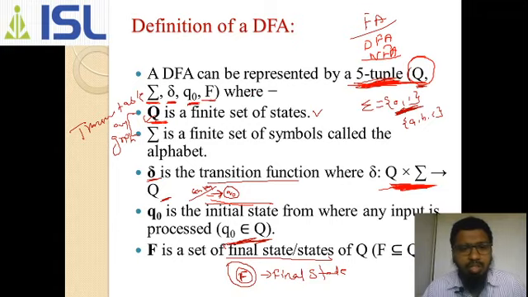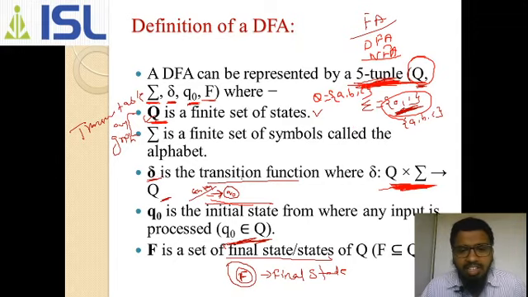What is the Q? Q is a finite set of states, and sigma is a finite set of symbols called the alphabets. How will Q be represented here? Q is equal to, for example, A, B, C, and sigma is equal to 0, 1.